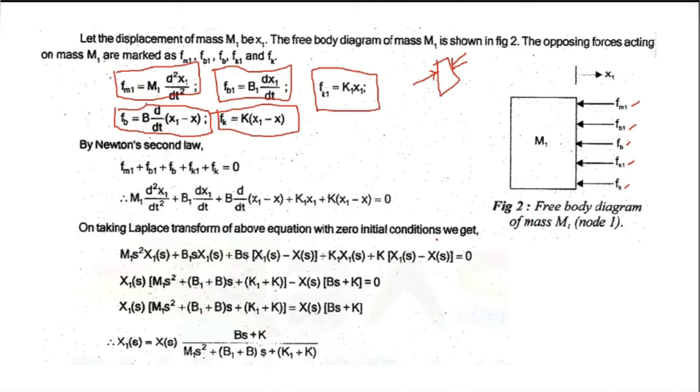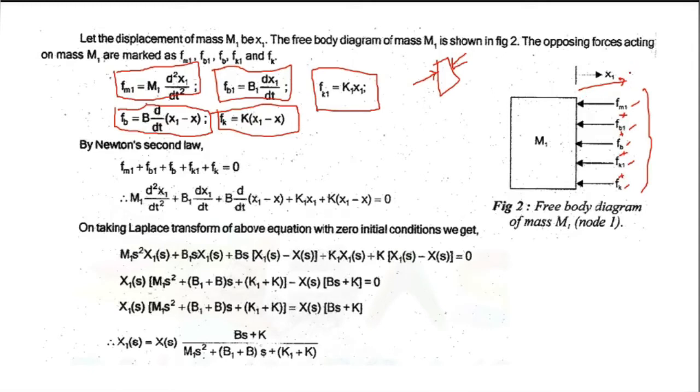So we have to write the force balance equation. Force balance equation means the sum of forces in one direction is equal to the sum of forces in the other direction. So in one direction, the summation of all these forces is in a single direction. That is Fm1 plus Fb1 plus Fb plus Fk1 plus Fk, which is equal to what's the force in the other direction?